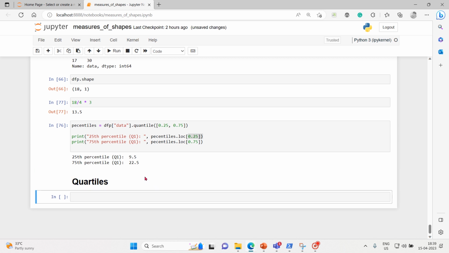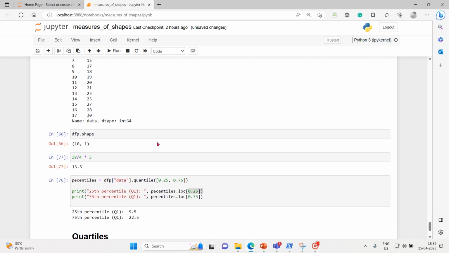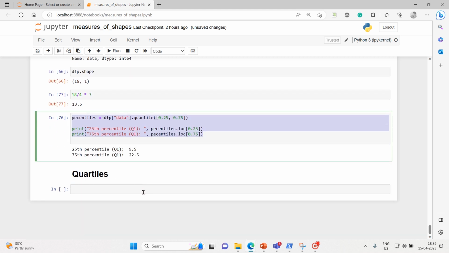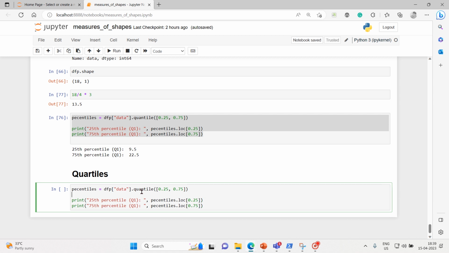We will keep the same example, so we are not modifying much. The data points remain the same, and we come down here. So 0.25, we know 25% will get a value which holds 25% of the data points, and 75% of the data points.